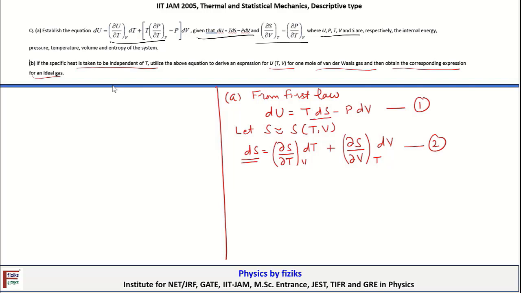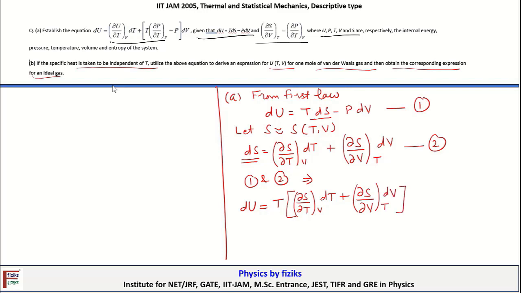So 1 and 2 imply dU is equal to T multiplied by [(dS/dT) at constant volume dT plus (dS/dV) at constant temperature dV] minus P dV.